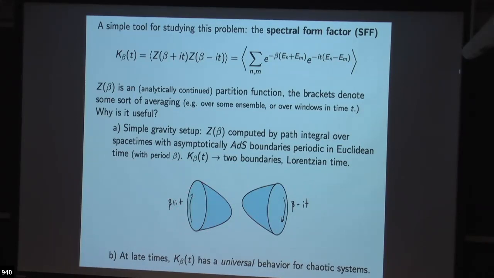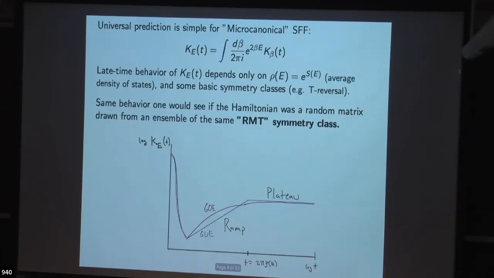Another thing is that we know what the answer should be for K(β) at late enough times. This is because K(β) has a universal behavior for chaotic systems, black holes included. So let's discuss this universal behavior that we expect in a spectral form factor. Chaotic system. Pardon me? What do you mean by chaotic system?